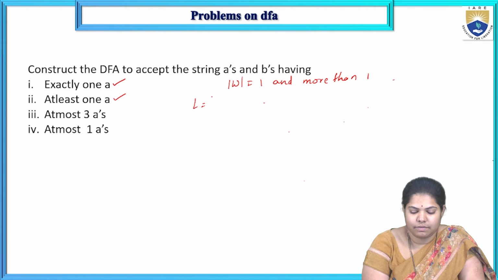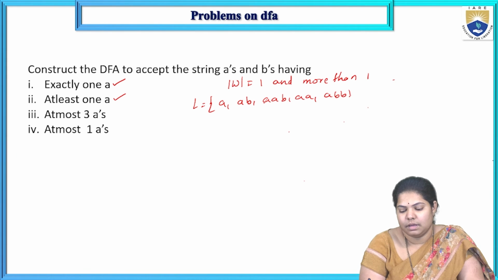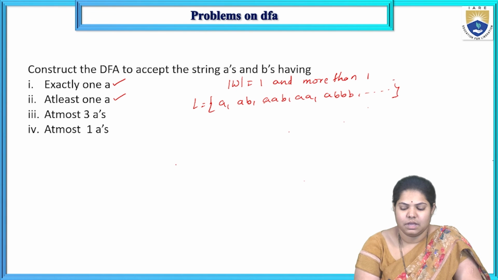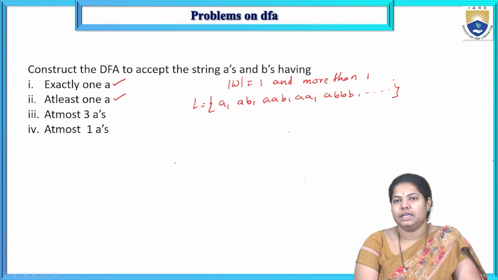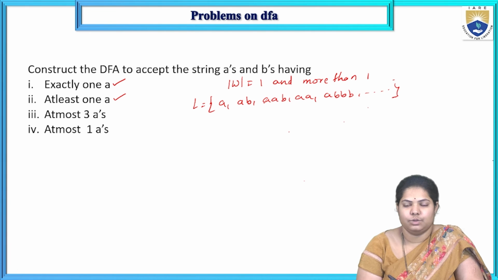That means the language is A, AB, AAB, AA, ABB, and so on. Any length string, but it should contain at least 1 A, and more A's are no problem.